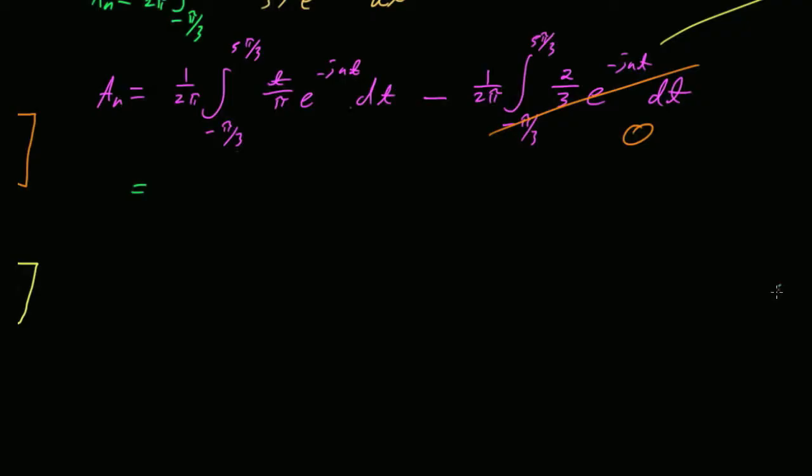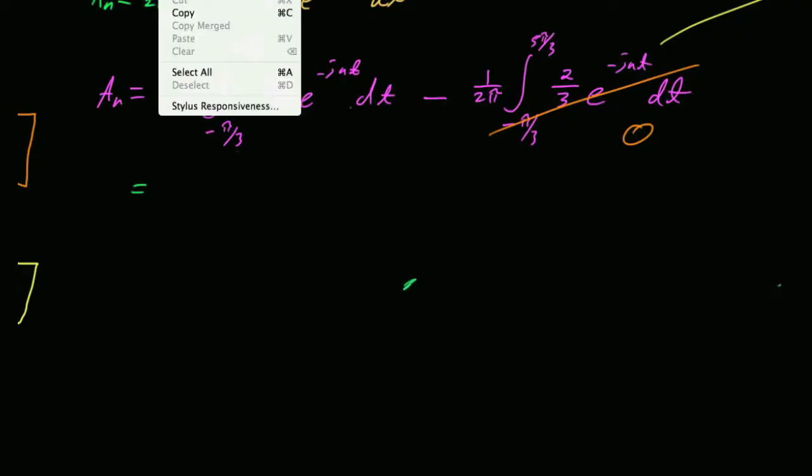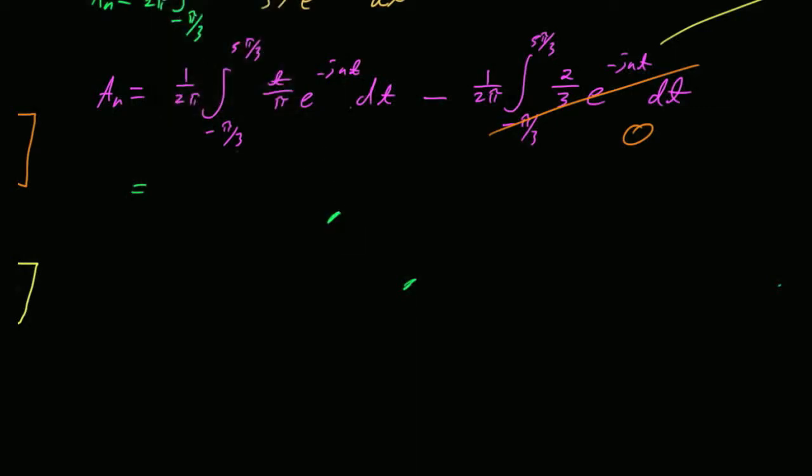Right now I've decided that I'm not 100% sure that answer is correct, so we're just going to run that integral real quick. It's 1 over 2 pi, integral from minus pi over 3 to 5 pi over 3, of t over pi, so I'll pull the pi out, t e to the minus jnt dt. So now we need integration by parts. Remember, if it's t e to the at, there was 1, 0, 1 over a, e to the at, 1 over a squared, e to the at.